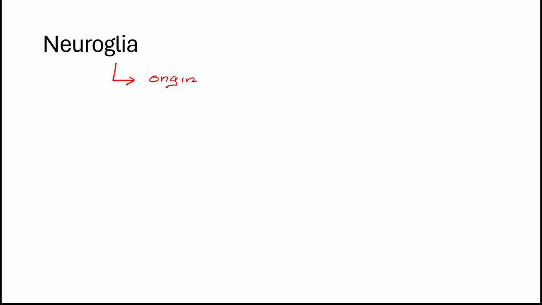Microglia has a bone marrow origin, which means that it is a differentiated cell that comes from monocyte, similar to that of cells that are found in the lungs, which has the capacity to carry out immune functions, and also the Kupffer cells that are found in the liver.